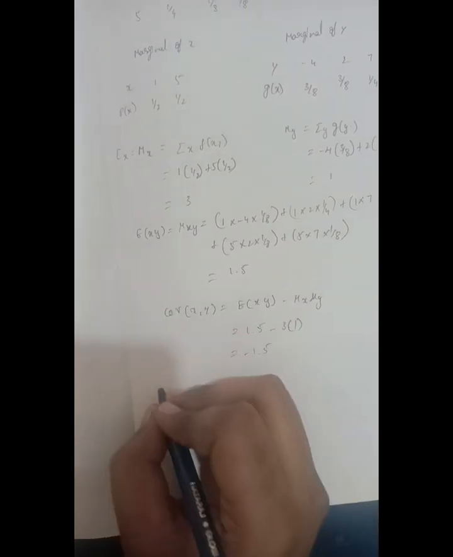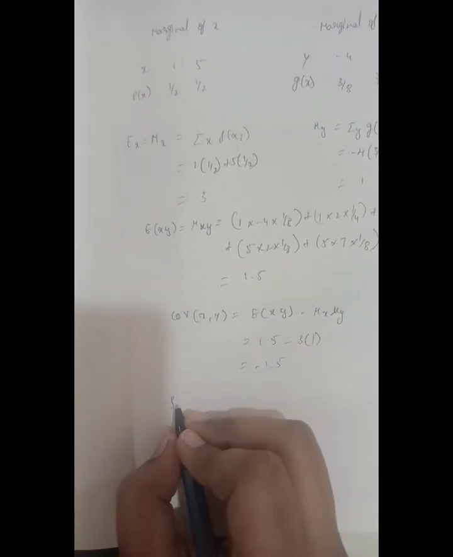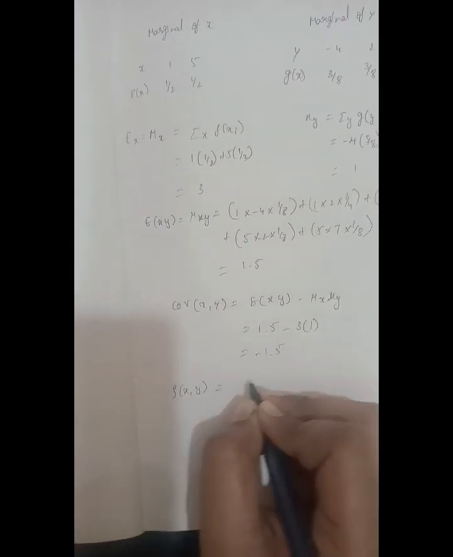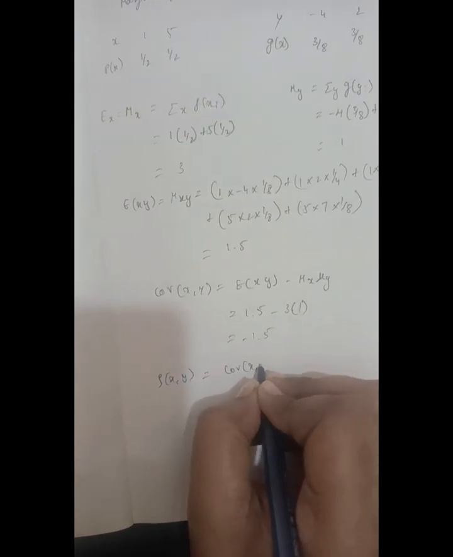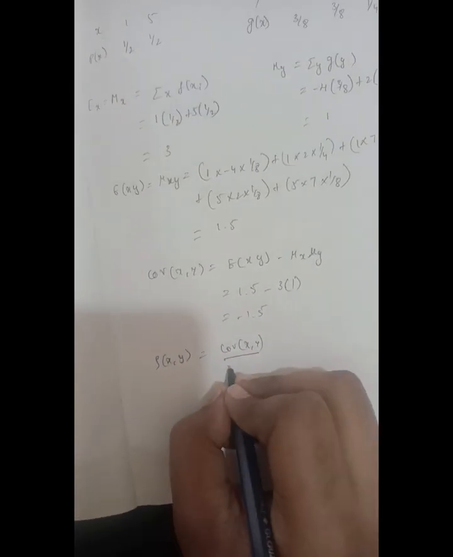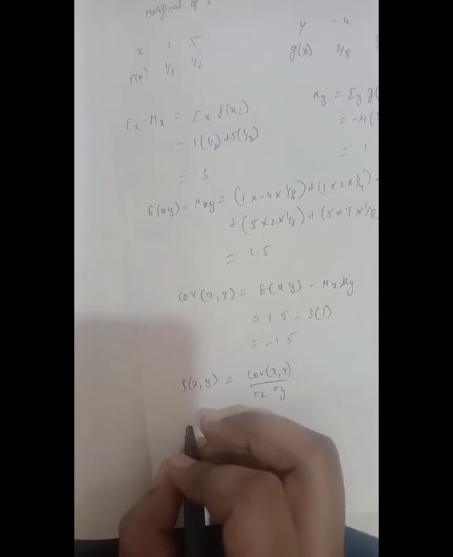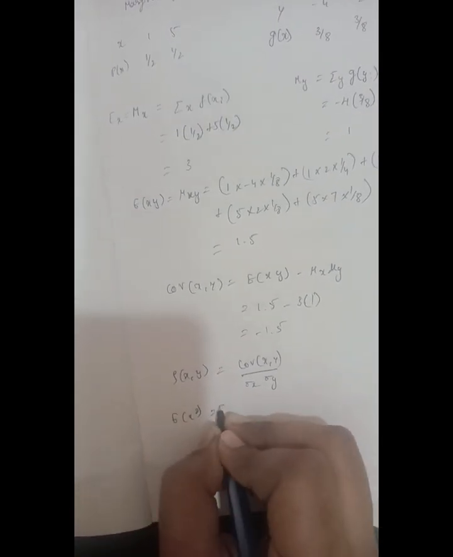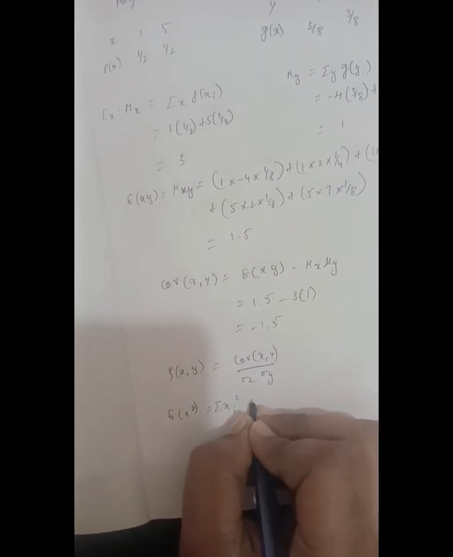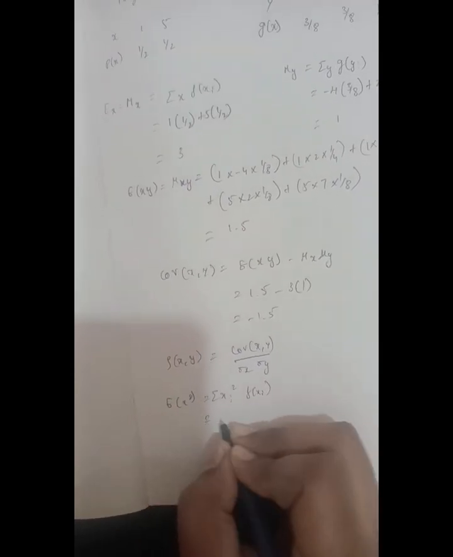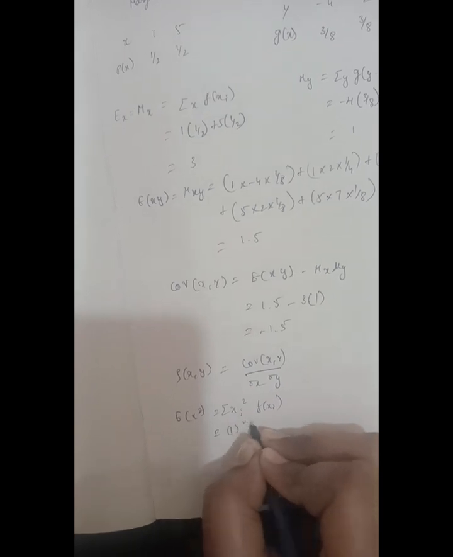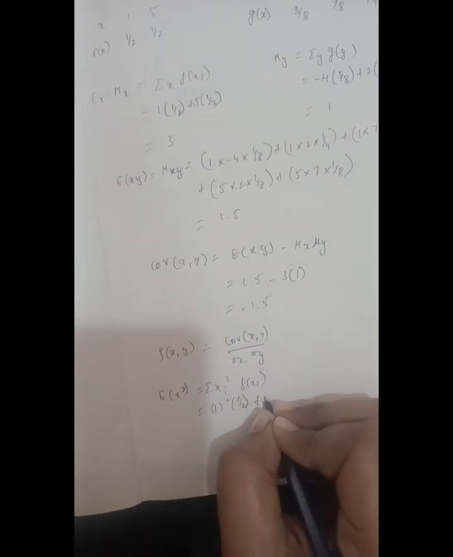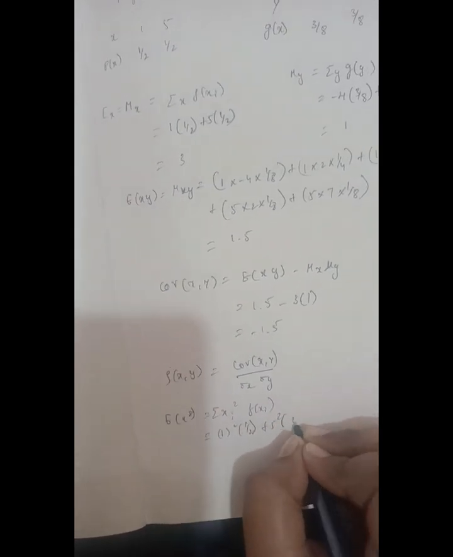Next, correlation of x comma y is equal to covariance of x comma y divided by sigma x sigma y. E of x square is equal to summation xi square into f of x, which is 1 square into 1 by 2 plus 5 square into 1 by 2.